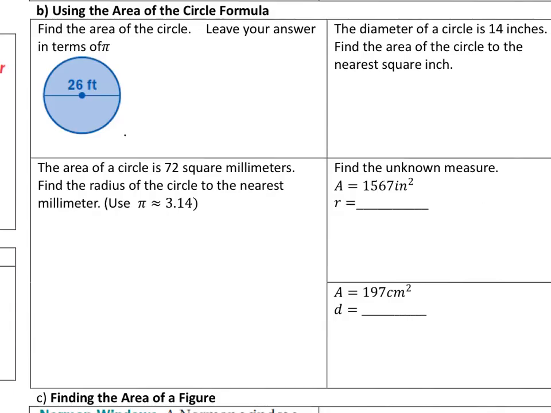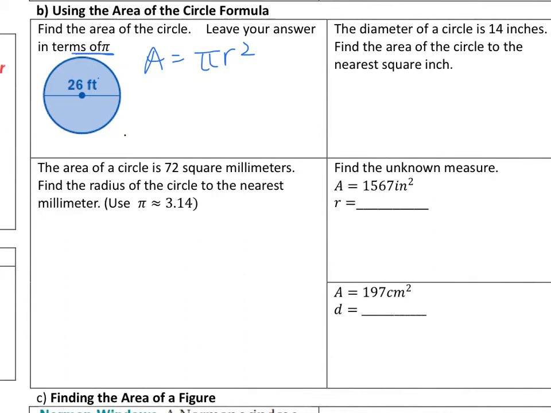Part B. Using the area of the circle formula. Find the area of the circle. Leave your answer in terms of pi. In this case, you don't need to multiply by 3.14. The area of the circle, remember, is represented by the formula pi r squared. In this picture, you're given a diameter of 26 feet.